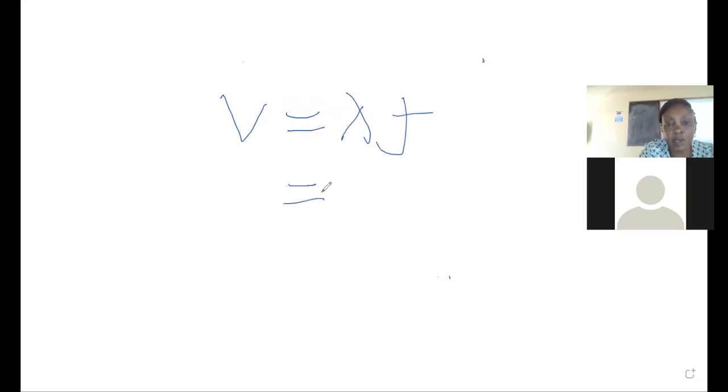We are calculating the wavelength because we are given the velocity. The velocity was 20 meters per second. So we substitute the velocity, which we are given.